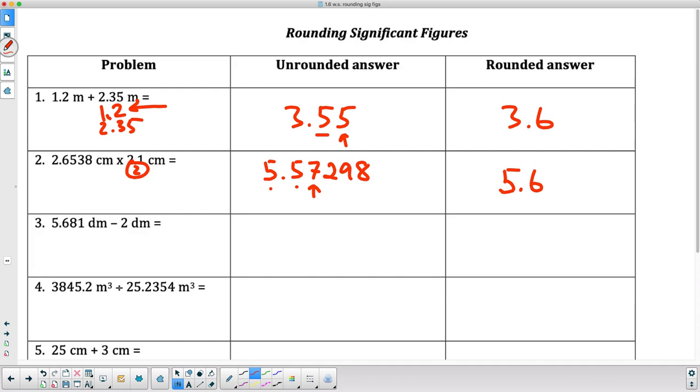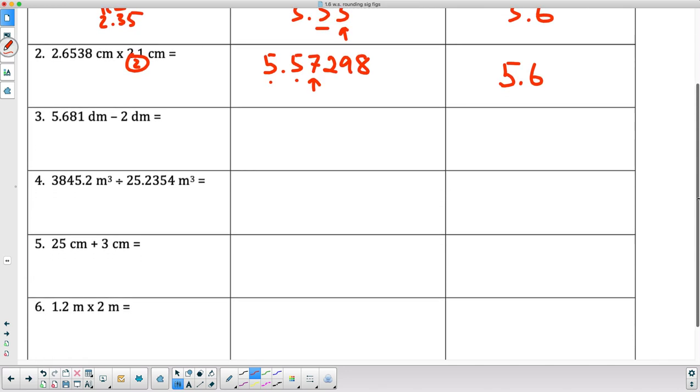Here, we'll take a look at number 4, because number 4 has meters cubed, and lots of students see something like meters cubed and get confused, which I understand. So here we're going to divide 3,845.2 meters cubed by 2354 meters cubed.